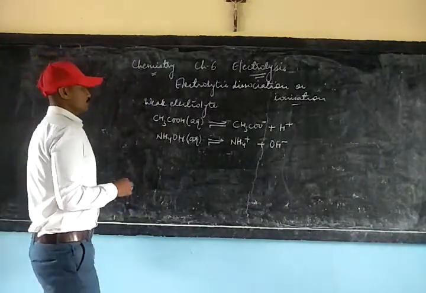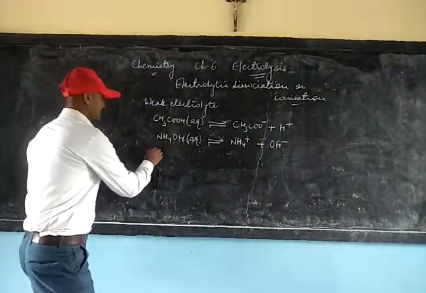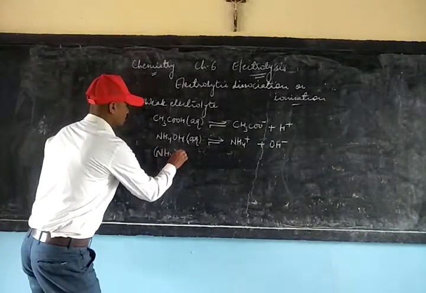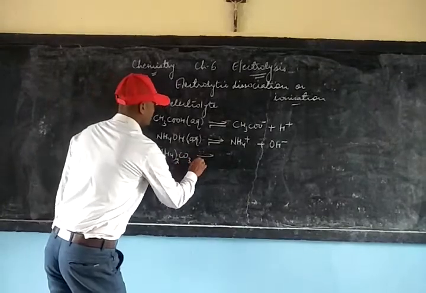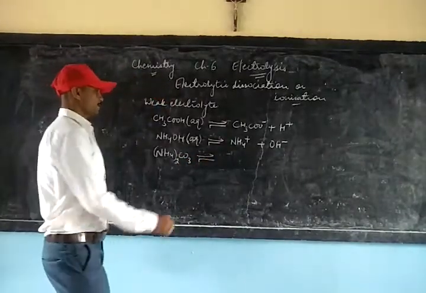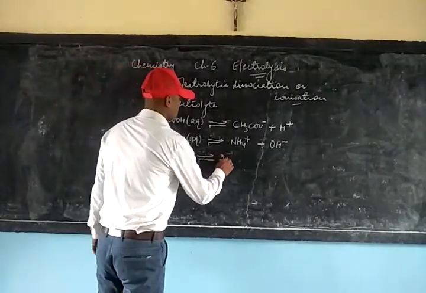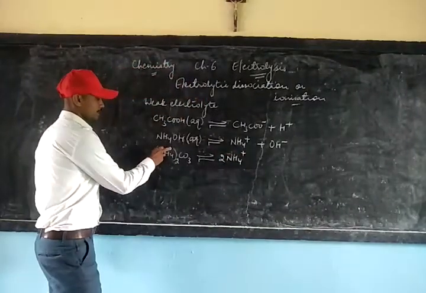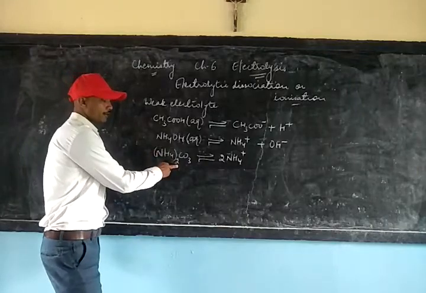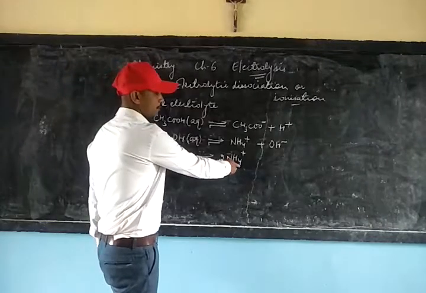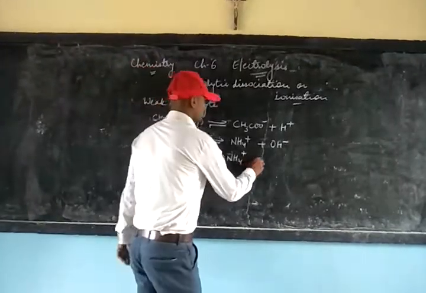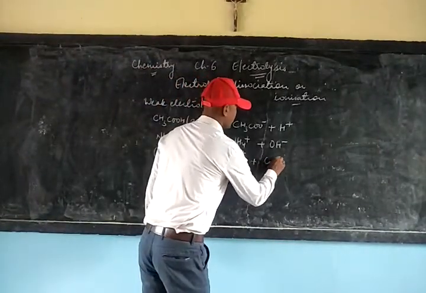Then for a salt like ammonium carbonate, (NH4)2CO3, here it can be 2NH4 plus, because you can see NH4 is 2 in number, so here also 2NH4, and 1 is the charge on the ammonium ion, plus carbonate ion, CO3 2 minus.